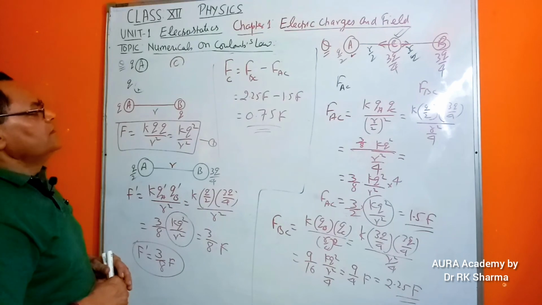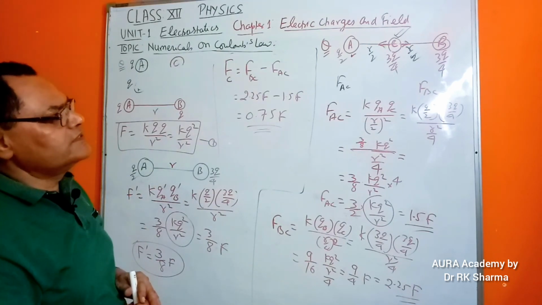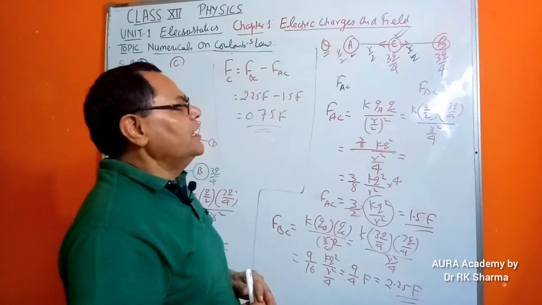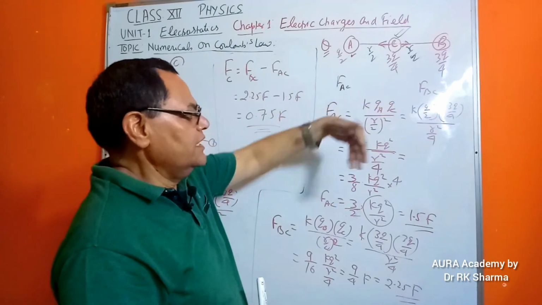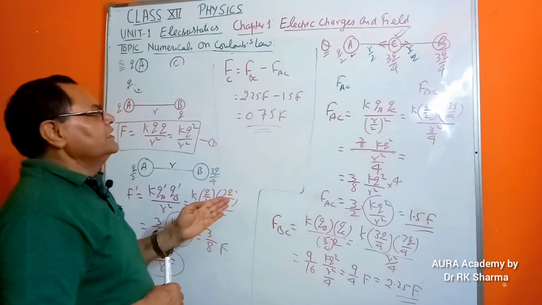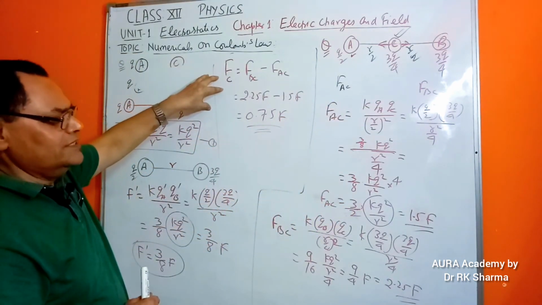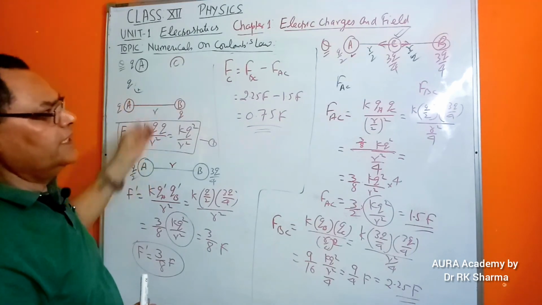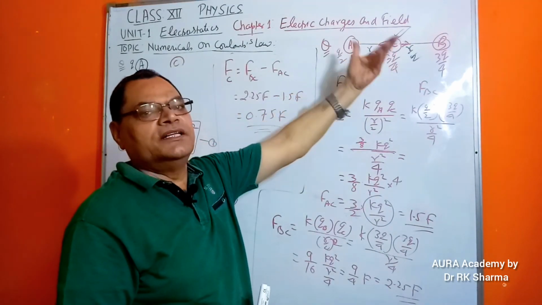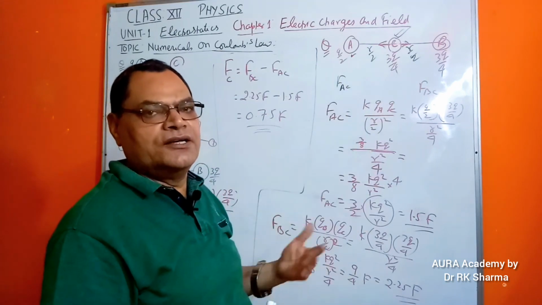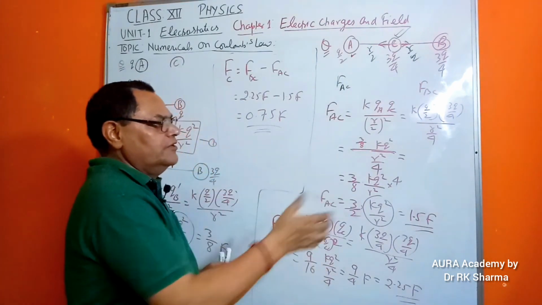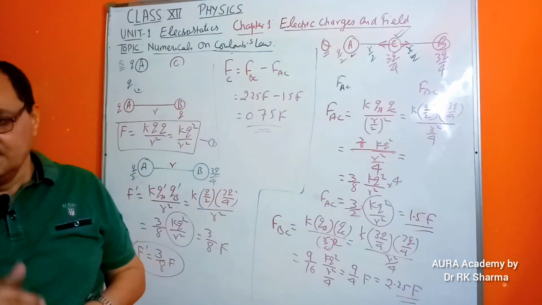Yes, good question it was. Now, as I was sharing earlier, when you touch the uncharged sphere C with A and then place it at C here, find the new force. That question you can try yourself at home, that's for homework. Please go ahead.